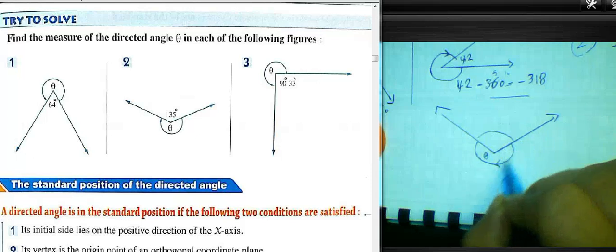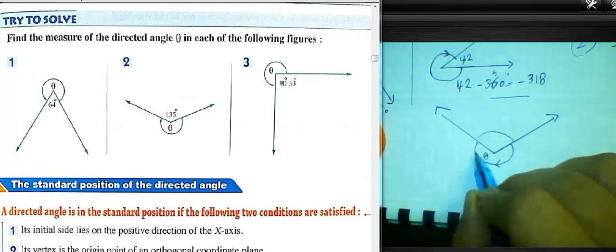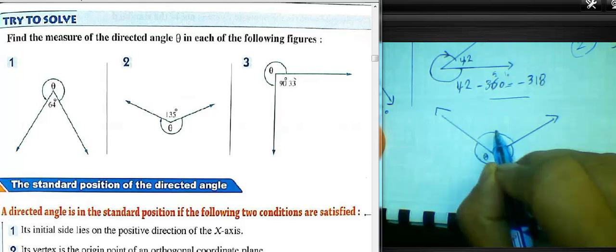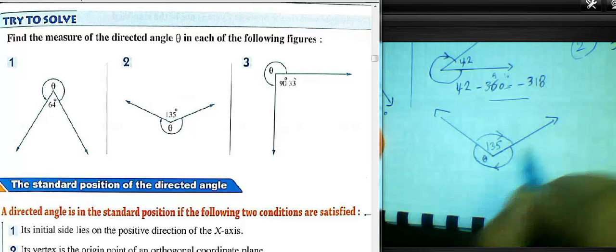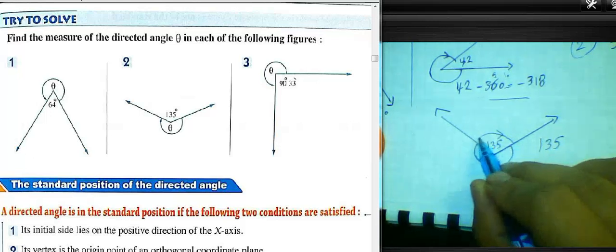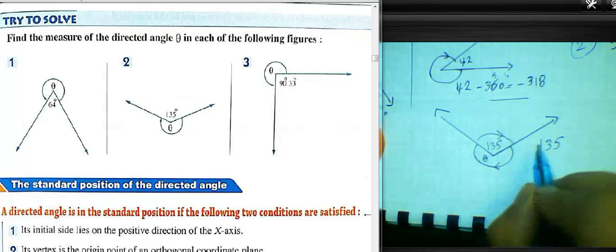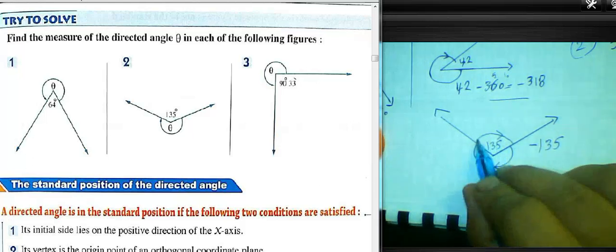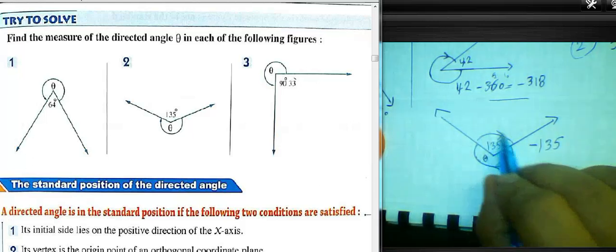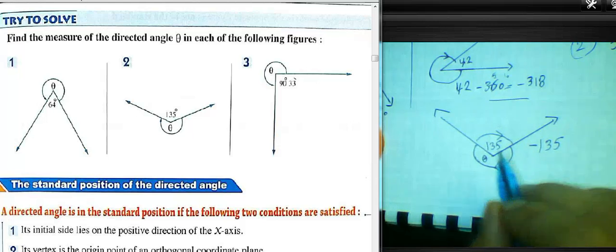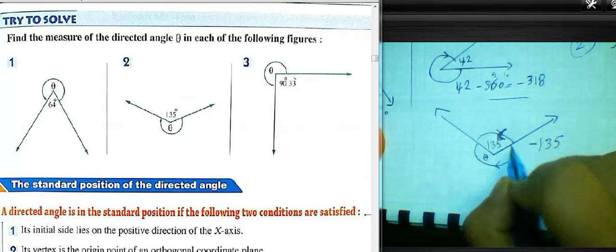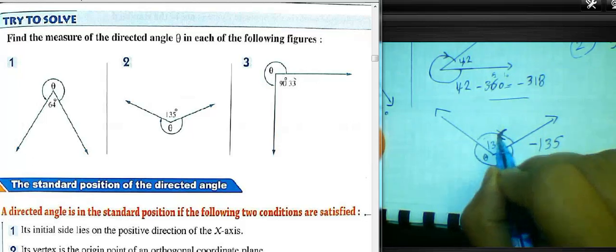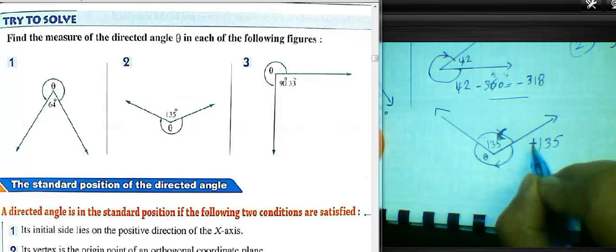Look at this direction, clockwise, and this anti-clockwise. So it will be 135. Sorry, I will inverse it here. It draws this and this inverse, so it will be positive.